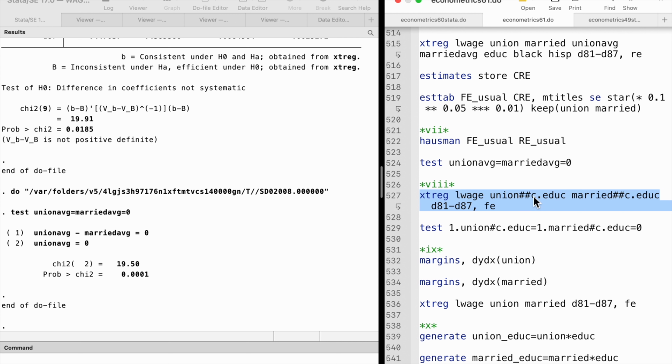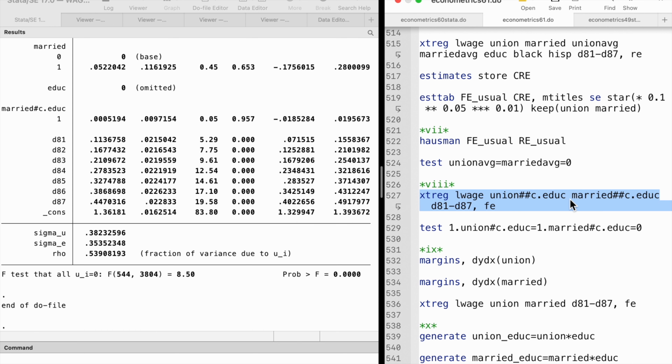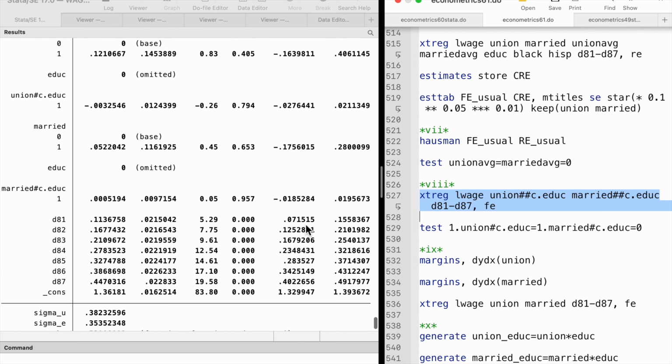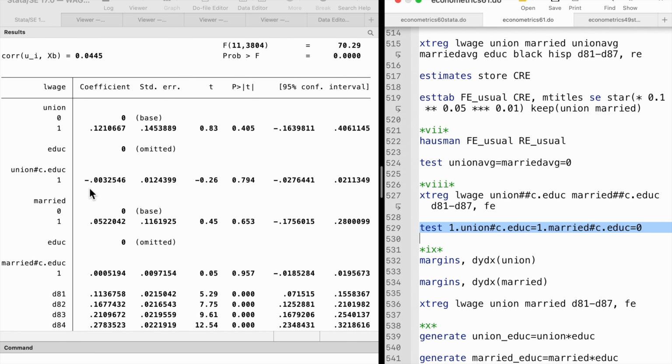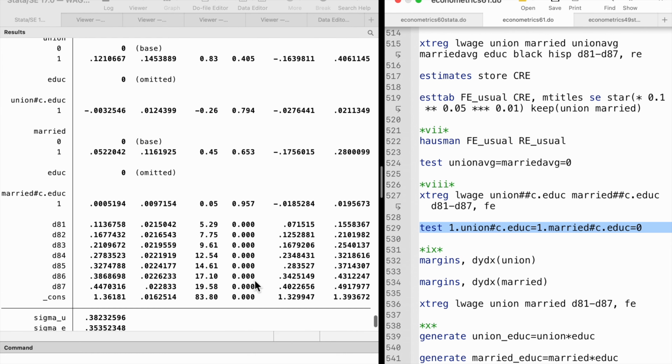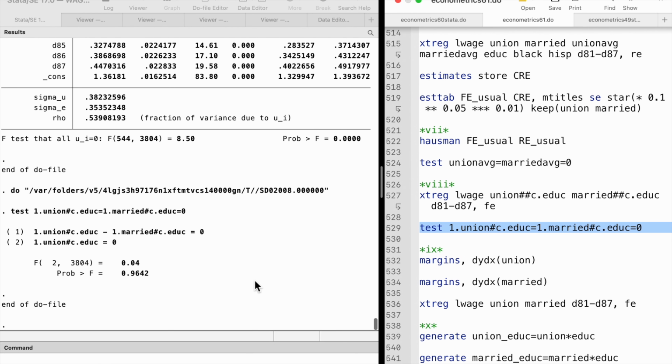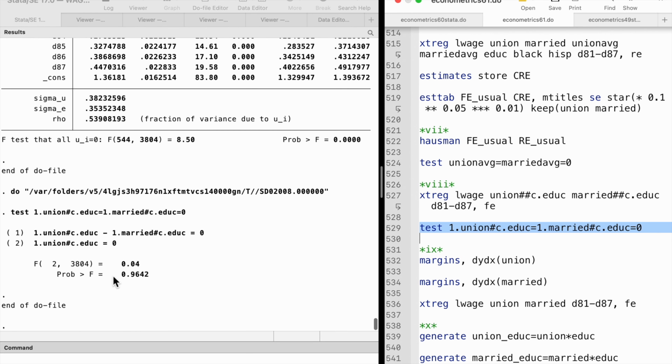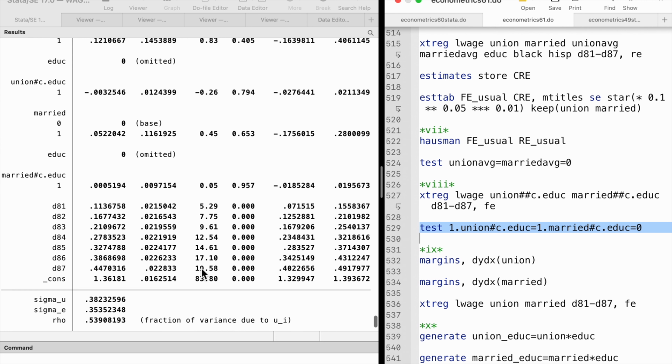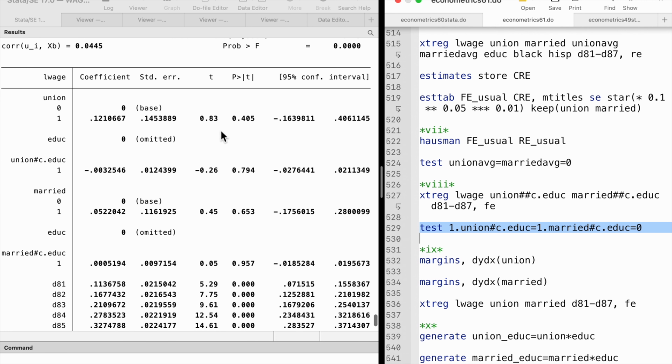Remember to add the c. in front of the continuous variables. We estimate the model by fixed effects. The interactions are neither individually nor jointly statistically significant at any reasonable level. The coefficients on union and married also become insignificant because of the collinearity problem with the interaction terms.